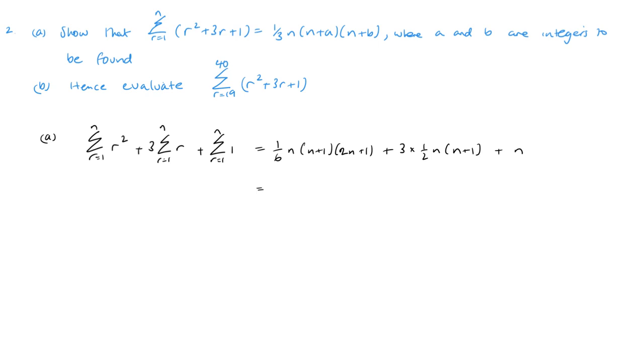So I'll take an extra step just to show you what I'm doing. I'm doing a third times this first bit, or let's call it a third n. Okay, so that's what I'm basically going to take out. Now if I take a third out of the one that says 1/6, then that's going to leave you with 1/2, because a third times a half is a 1/6.